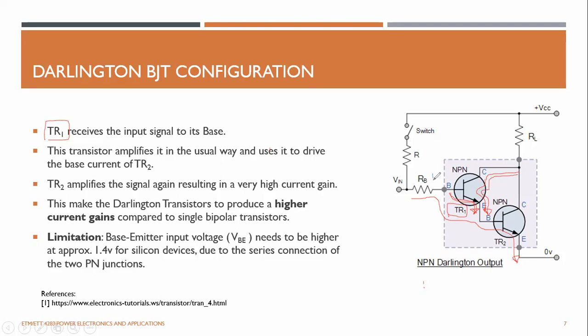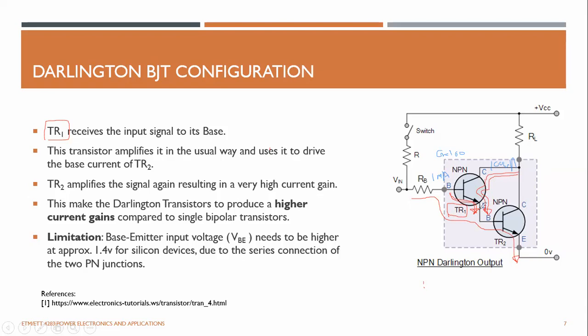For example, let's say I drive 1 milliamp of current and the gain is 100. In that case, 100 milliamps will flow from collector to emitter, because the base-emitter current is 1 milliamp and the gain is 100.